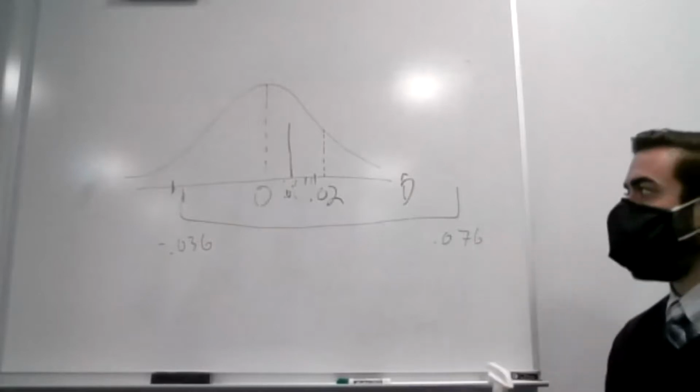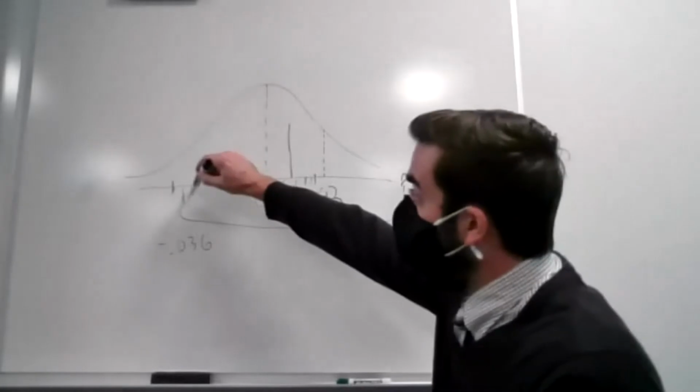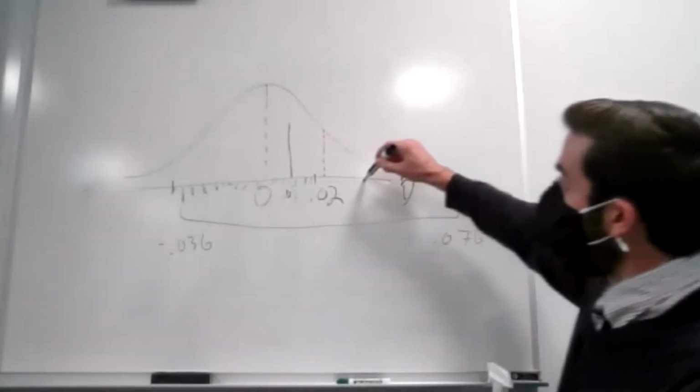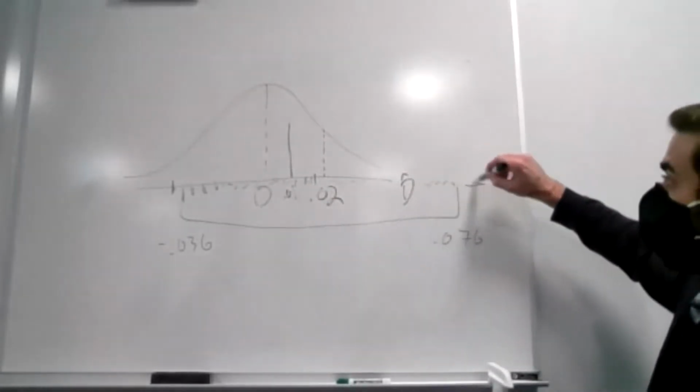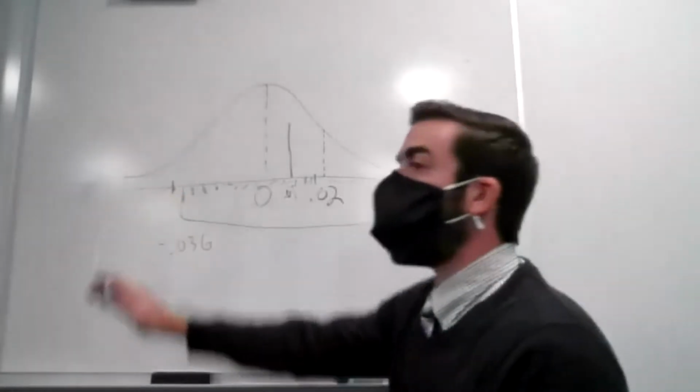Because we have kind of two tails there. So we could do a hypothesis test for every single value in this range. We're going to fail to reject until we get to values that would have been outside of that confidence interval range.